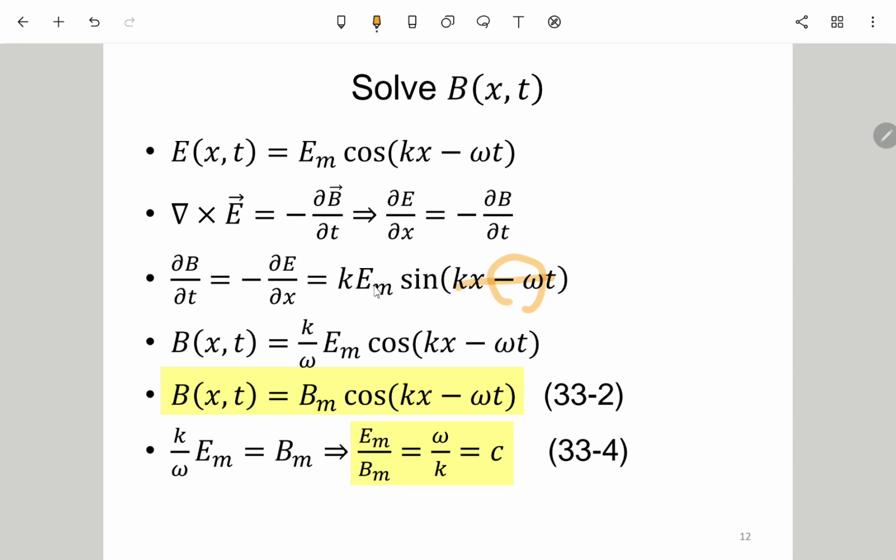And then we have k E_m, and then divide by omega here. Okay, so k E_m over omega, and then cosine of this stuff. Okay, so this one is actually B_m. Okay, which means we have k times E_m over omega equals B_m, which means E_m over B_m will be omega over k.